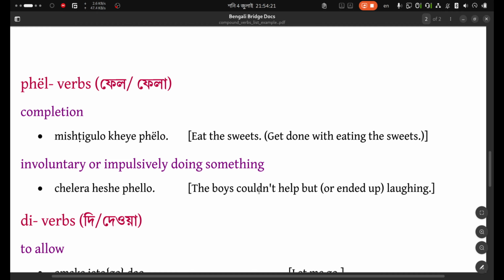That type of action can be put in this category. For example, the boys couldn't help laughing, or they ended up laughing.